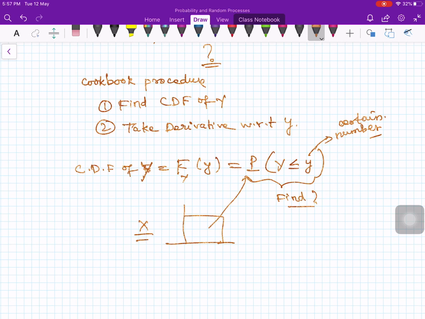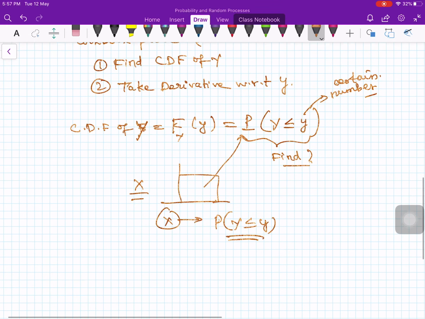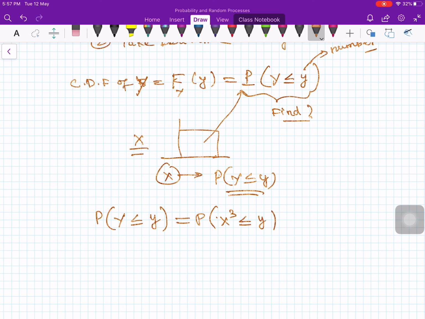The first step is to look at the event, the probability of y less than or equal to small y, and write it in terms of the random variable about which you have information, which is x. So the event P of Y less than or equal to small y is the same as the probability of x cubed less than or equal to small y, because capital Y equals x cubed.